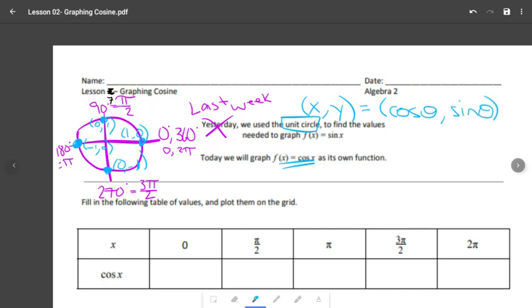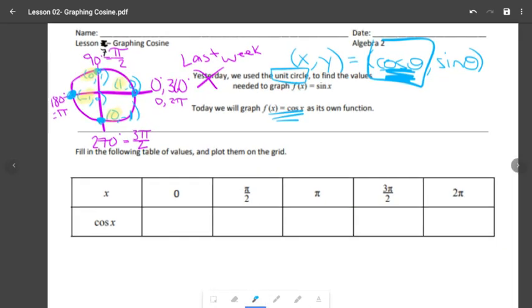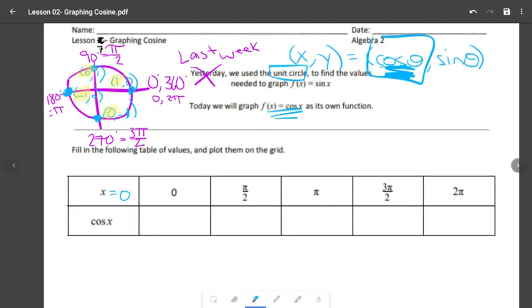So today we're going to look at cosine as its own function. That means we're going to be looking at the x's for each of these. So my x's would be that 1, 0, negative 1, and 0 again. So filling in the table, these are the thetas, the angles we're going to be using.